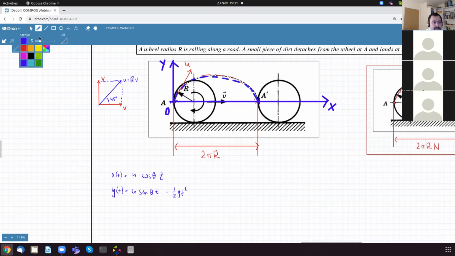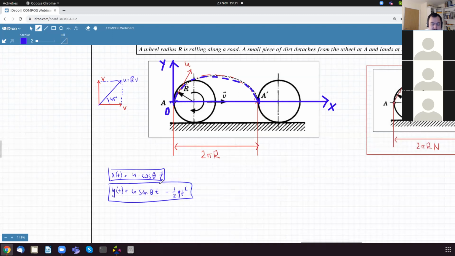So from here, this is the equation for the horizontal movement, and this is the equation for the vertical movement. We know that at t equals t, after t seconds, it hits the same spot, x is equal to 2 pi r, and y is equal to 0.